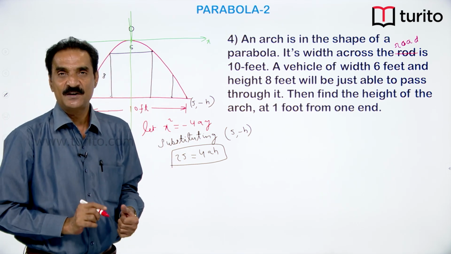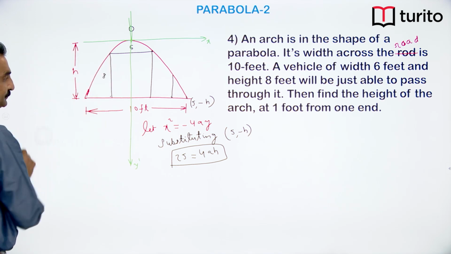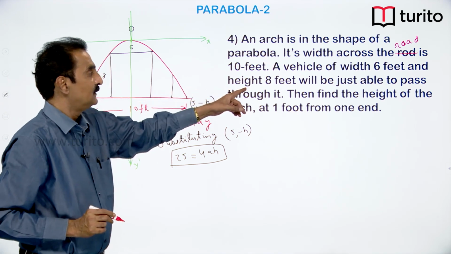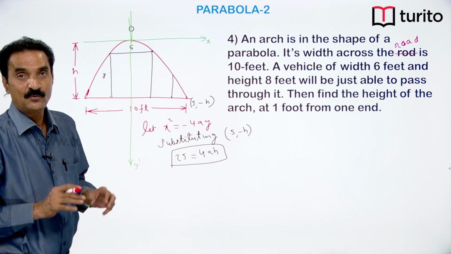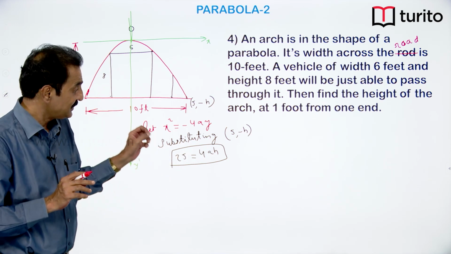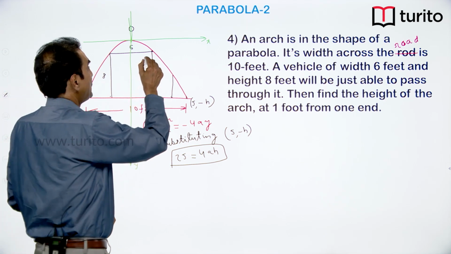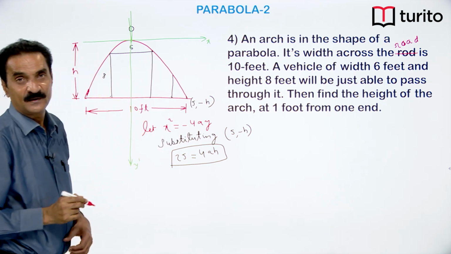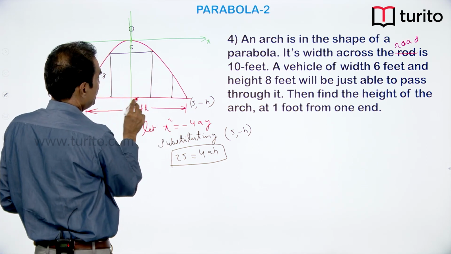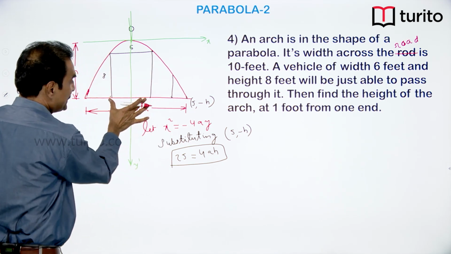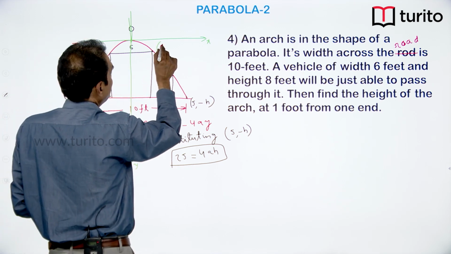This is one equation. Next, here we do not know h and a. So, we need both a and h to find out the answer. Now, let us take this point. What is the x coordinate? This total width is 6, so this is 3. So, x coordinate is 3.